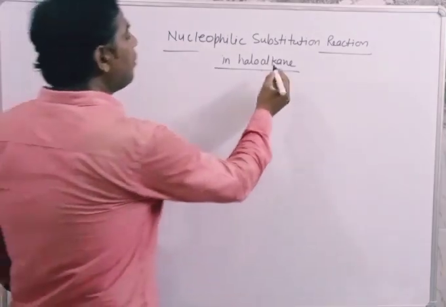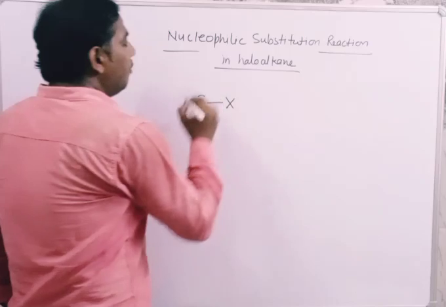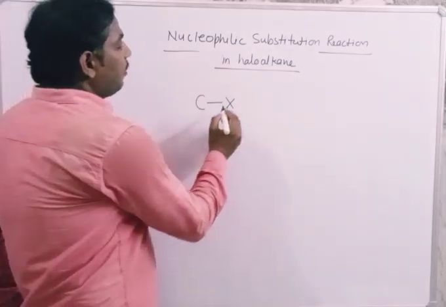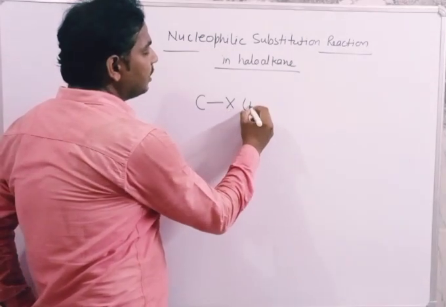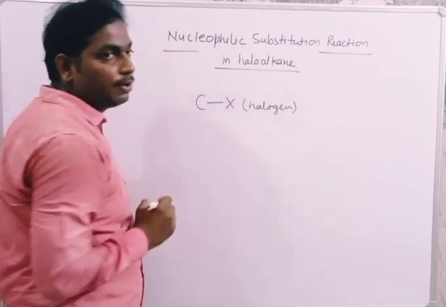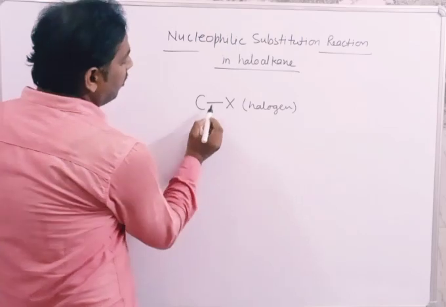If we talk about haloalkanes, then the C-X bond plays a major role in the reaction. X is a halogen, and halogen is more electronegative than carbon.